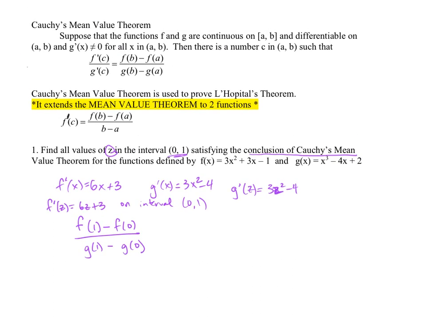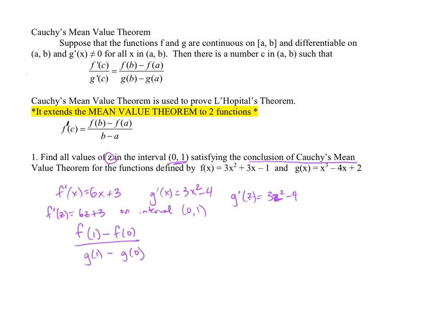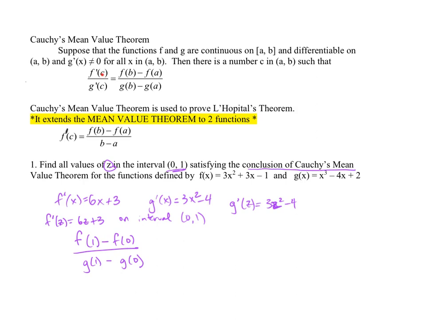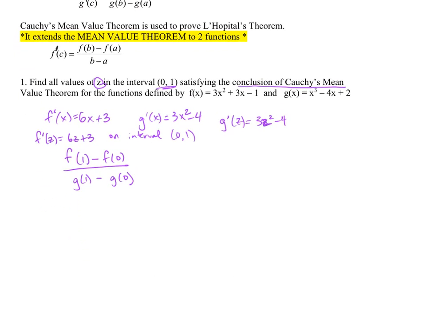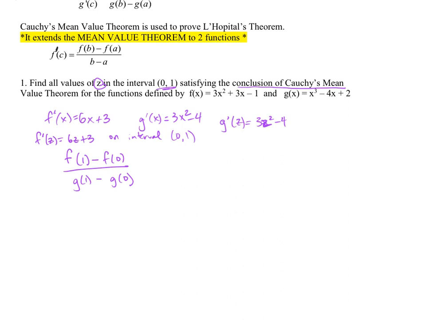And why did we do that? Because that's what it told us to do. We have f prime of this value over here, and g prime of that value equals these averages. So this right here would equal 6z plus 3 over 3z squared minus 4.